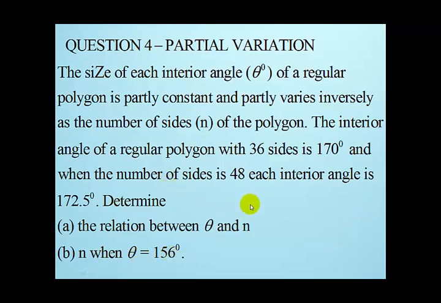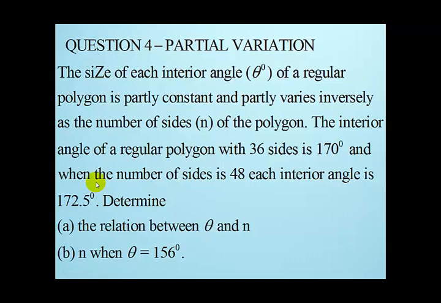So from the question, when the number of sides is 36, the interior angle is 170 degrees, and when the number of sides is 48, the interior angle is now 172.5 degrees. This means that for partial variation, we have two simultaneous equations to solve.